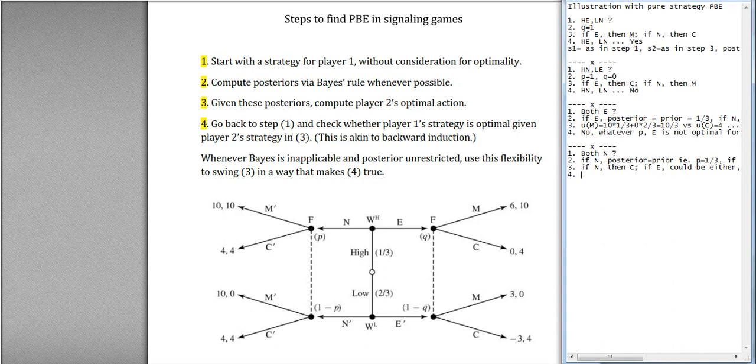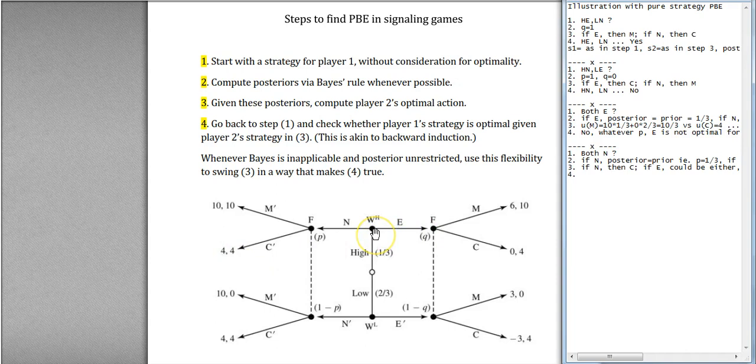All right, so now in step number 4, let's check that it's optimal for both types to not get educated. Let's take a look from the perspective of the high ability player. If the high ability player does not get educated, in step number 3 we've already concluded that the firm would want to make this job applicant a clerk, and so the high ability person would anticipate a payoff of 4.